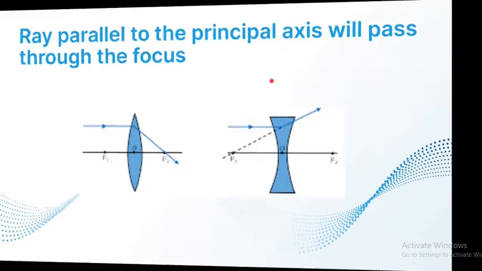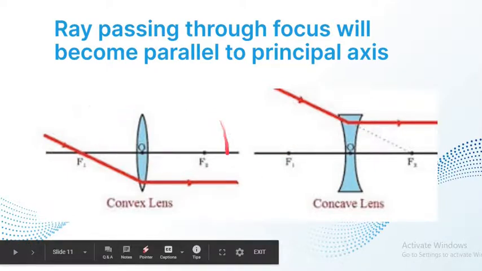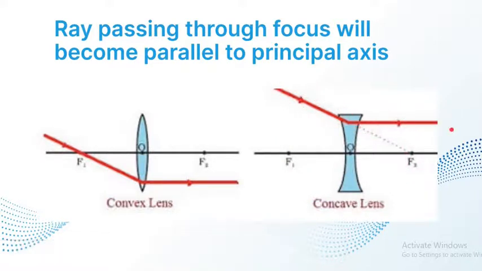Rule 2. A ray of light passing through the focus becomes parallel to the principal axis. For concave lens, a ray of light going towards the focus becomes parallel to the principal axis. Rule 3.